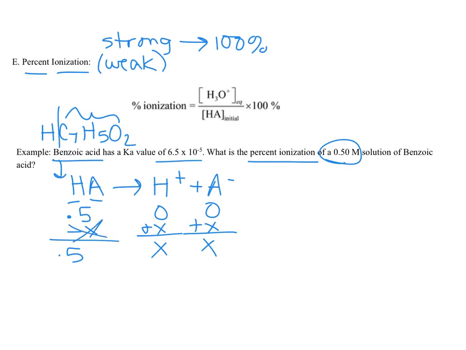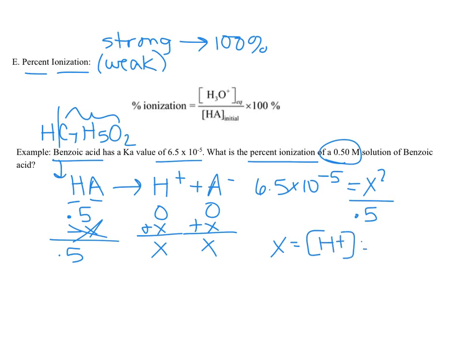They did give me the Ka value, so 6.5 times 10 to the negative fifth will be x squared over 0.5. x is going to be my hydrogen ion concentration. That's going to be a value of 0.0057.